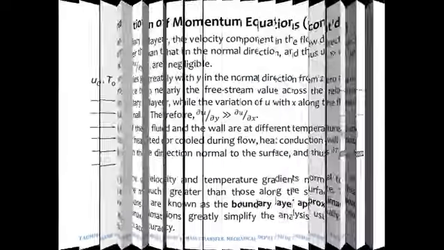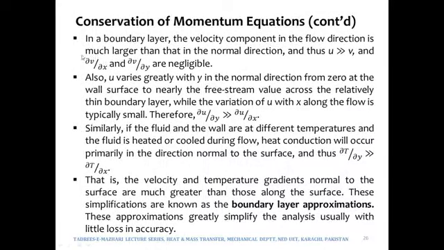Therefore since v is itself very small, change of v in x direction and change of v in y direction would be negligibly small. That is the first point of discussion. The second is that also u varies greatly with y in the normal direction, from 0 at the wall surface to nearly the free stream value across the relatively thin boundary layer.